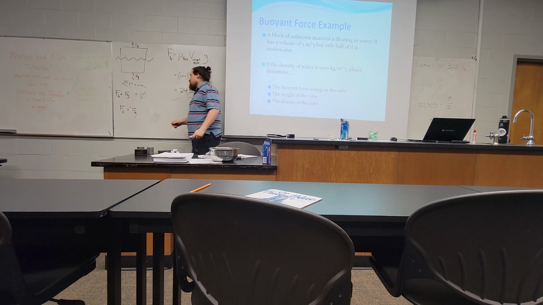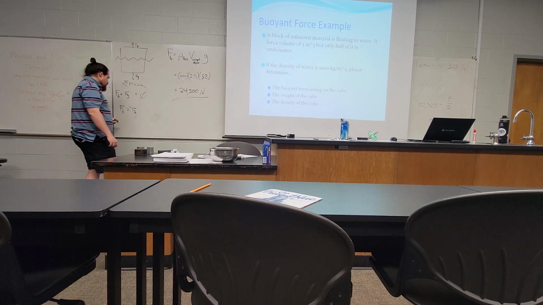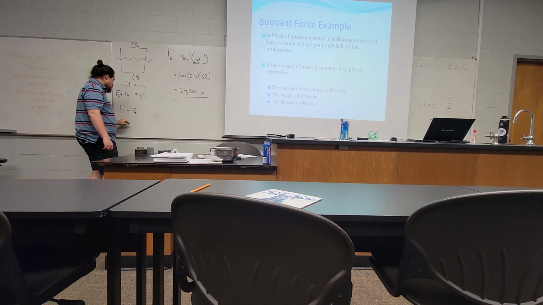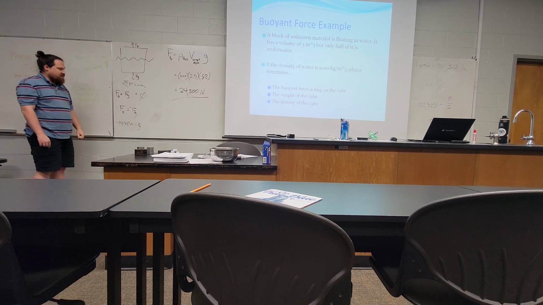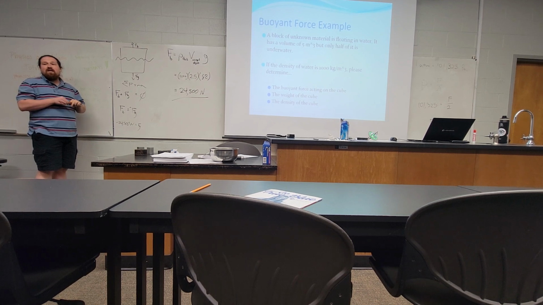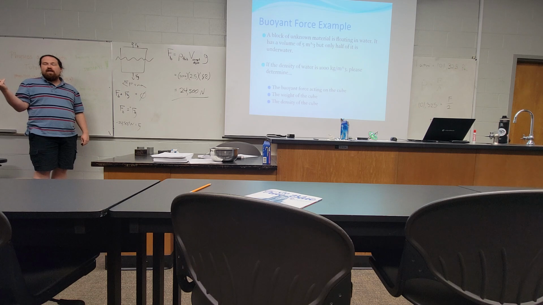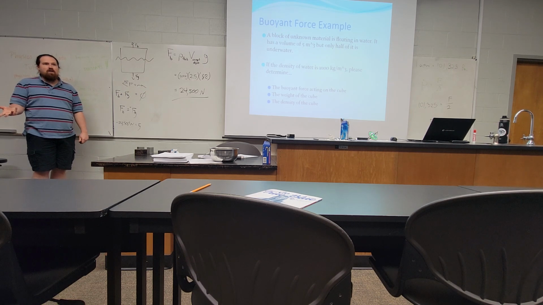So that implies that the weight of the object must be negative 24,500 newtons. We can use that to find the mass of the object, and that means we can find the density of the object just to compare it back to water, prove that it should be less dense than water.